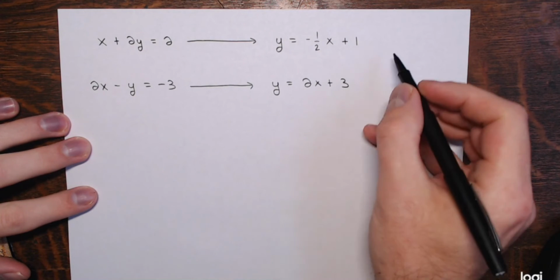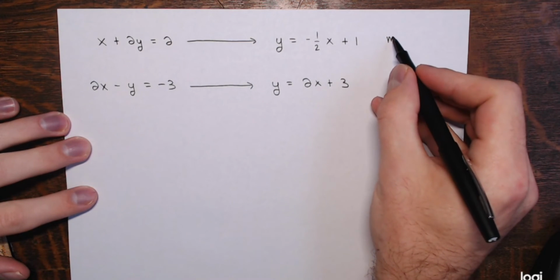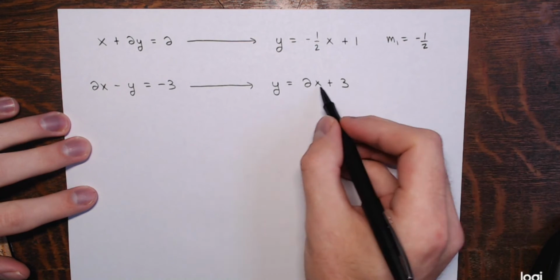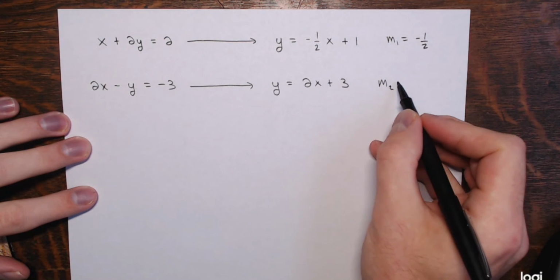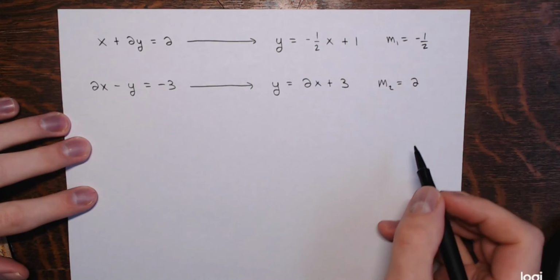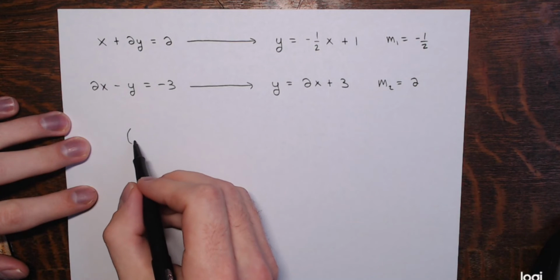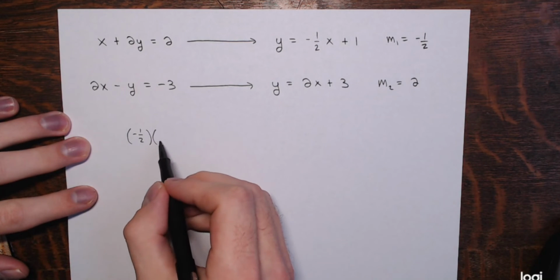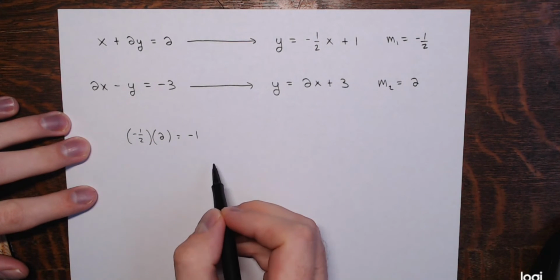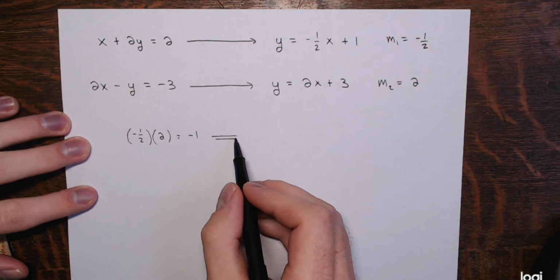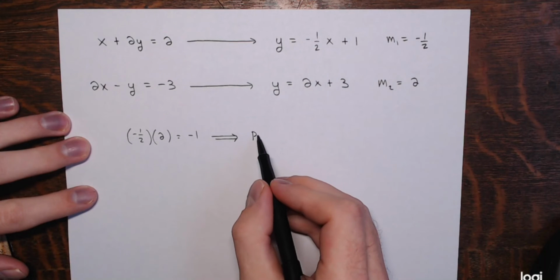So I'll call the slope of this line slope 1. M1 is negative 1/2. And the slope of this second line, M2, equals positive 2. And hey, these are those opposite reciprocals, right? If you take negative 1/2 times positive 2, that's negative 1. These are opposite reciprocals, telling me that the lines are perpendicular.